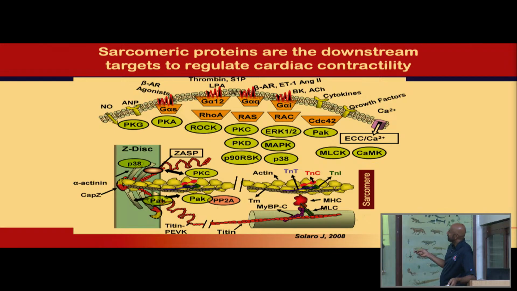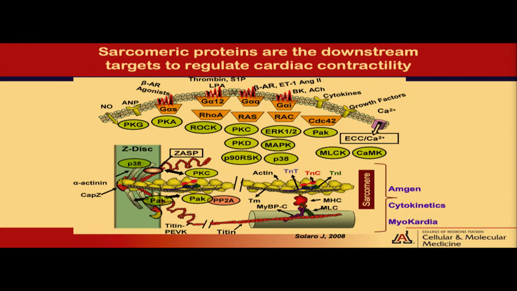You can see all these pathways can get activated, the kinases can be activated, and they can directly come to the sarcomere and then activate or inactivate the function of the muscle. So today companies are focusing on, instead of going through all the pathways, can we directly target sarcomeric proteins and then treat the disease hypertrophic cardiomyopathy.